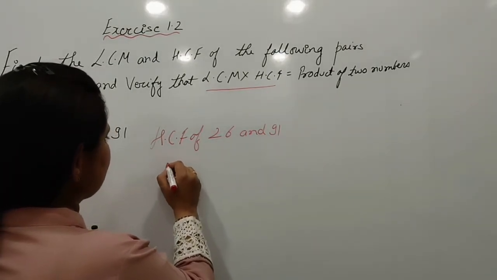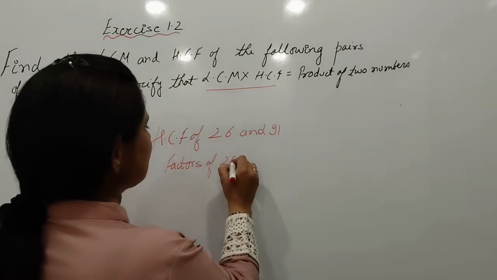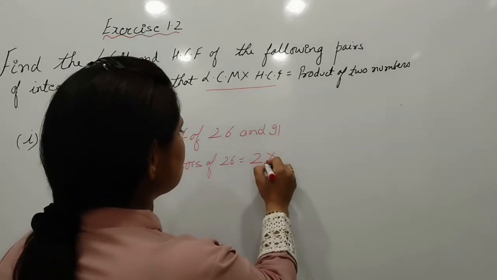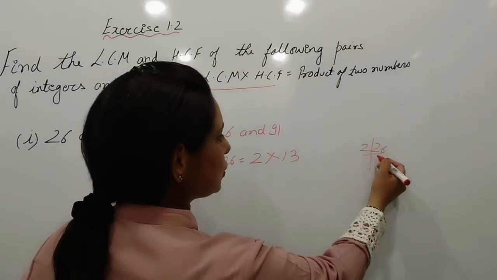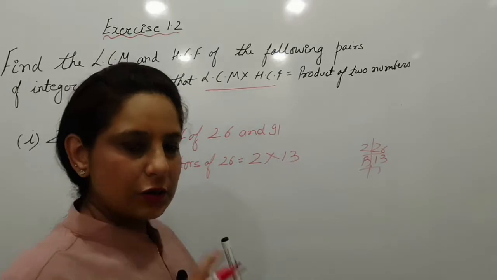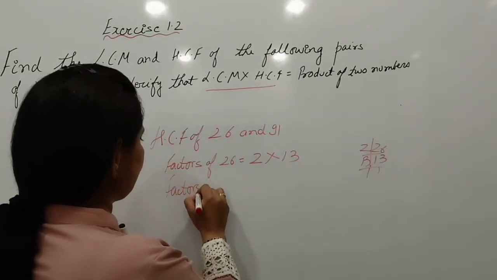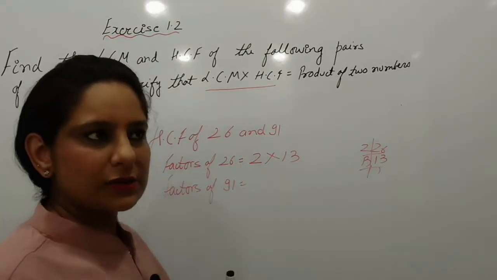In prime factorization, the factors of 26 are 2 into 13. You can do it in your rough also. When divided by 2, it gives 13, and then it gives 1. Now what are the factors of 91? Is 91 divisible by 2?